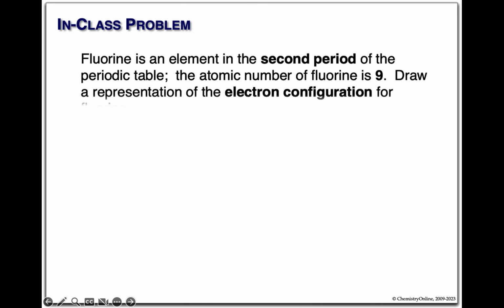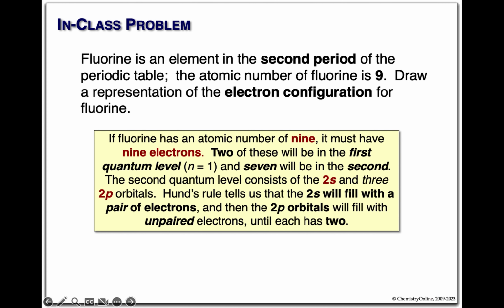One more problem here. Fluorine, second period, atomic number 9. Let's do its electron configuration using spins. Again, atomic number 9, 9 electrons. The first quantum level will be filled. The next 7 electrons will go in the second.